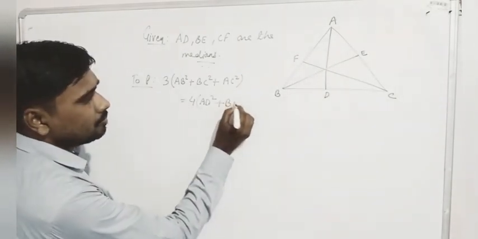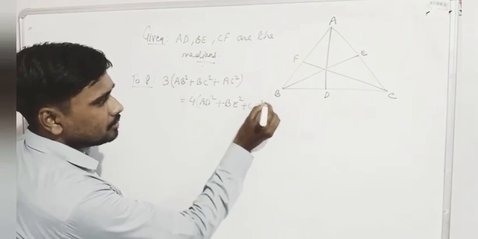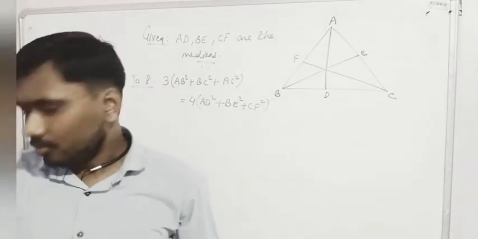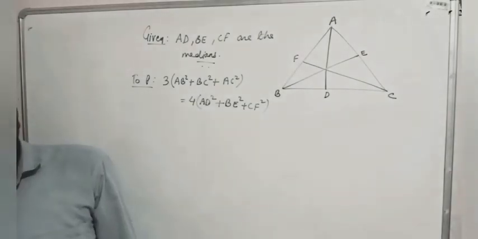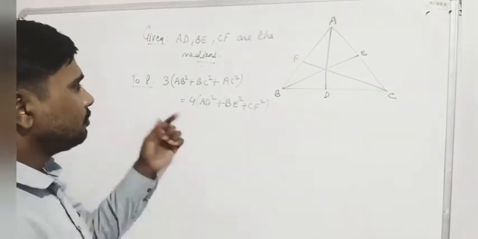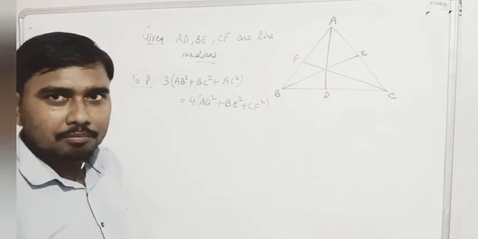So you have to prove that 3 times the sum of the squares of the sides of a triangle is equal to 4 times the sum of the squares of the medians.